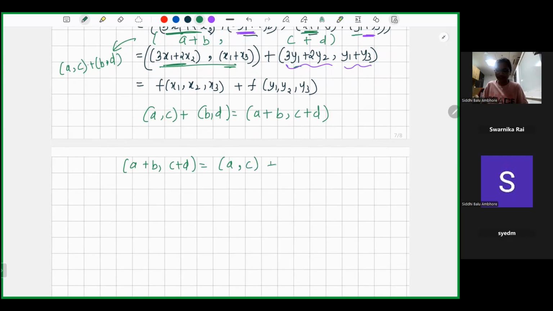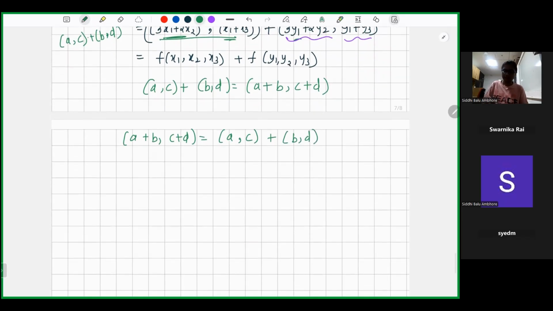We can always do this. For example, if I have (1, 1) plus (2, 3), this is also equal to this. Understood. But I want to show that this is exactly what I want.